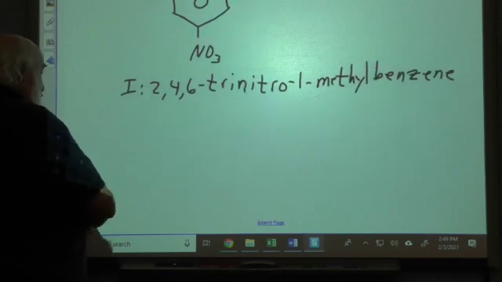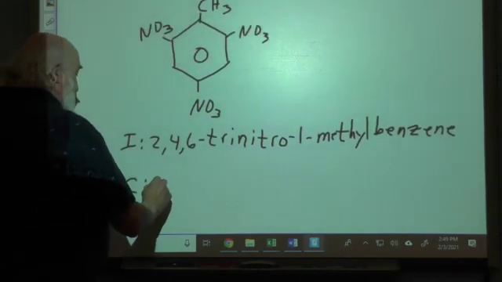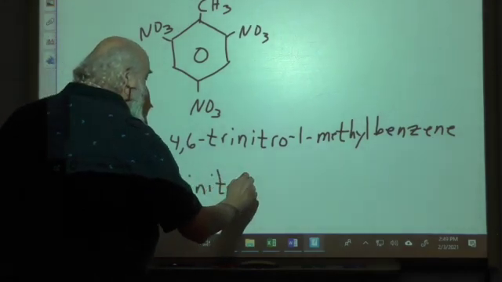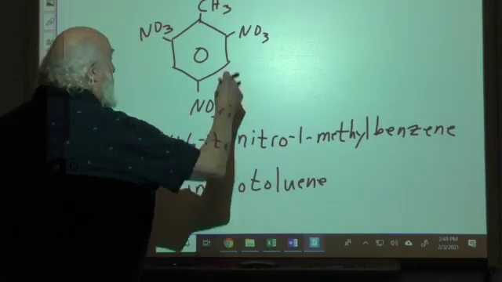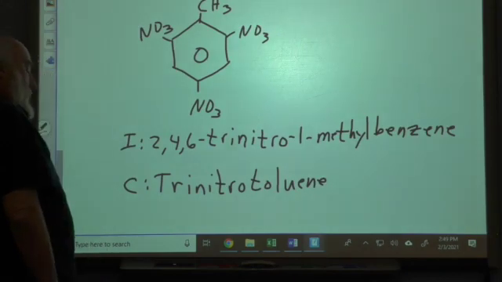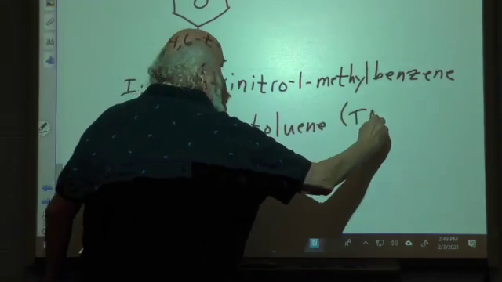Now, I'll tell you the common name because this is a rather important compound. This is known as trinitrotoluene. Trinitro, and then the methylbenzene is called toluene. And the abbreviation for that you might be familiar with.